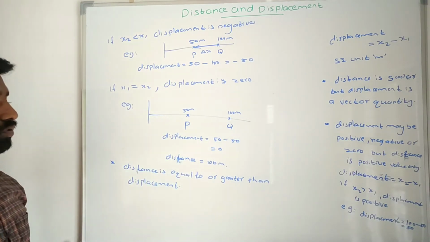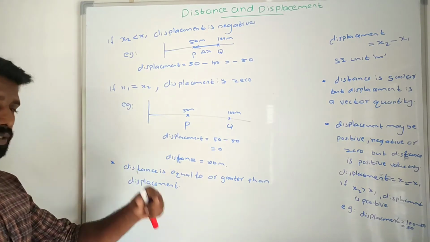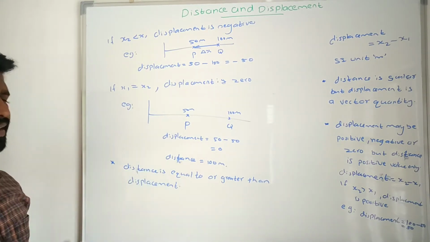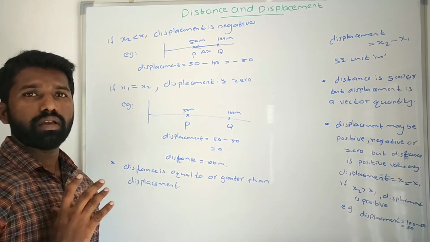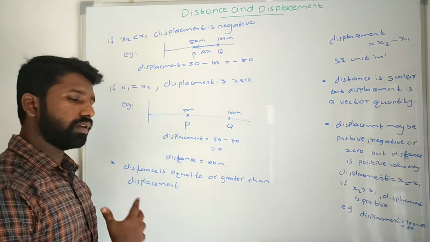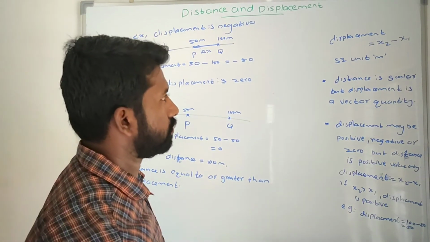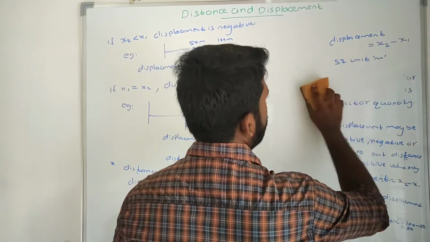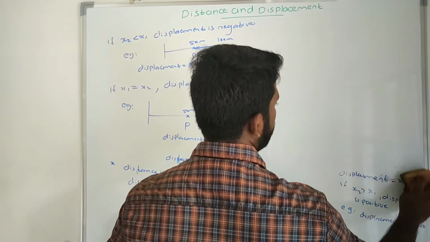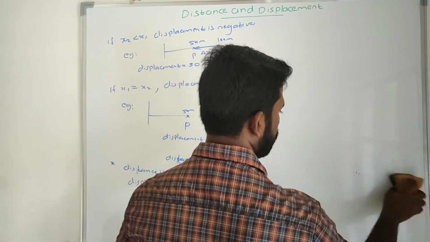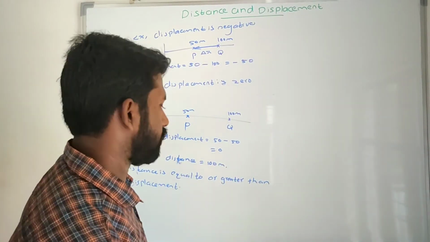You see that in all the cases the distance may be greater or equal. It will not come as a lesser value. The displacement will not be greater; that is the thing we can say, or the distance is less.